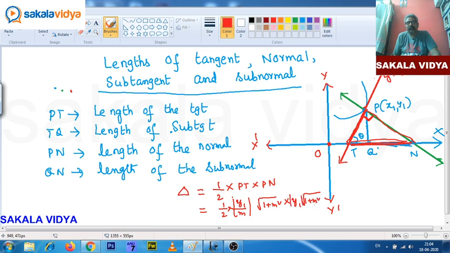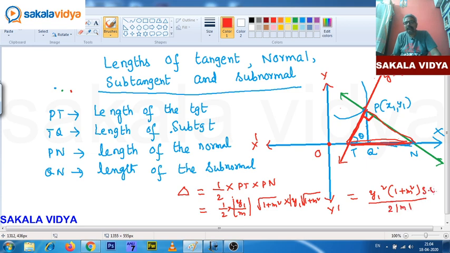So, y1 by m into y1 by m, that is y1 square into 1 plus m square by 2 mod m, square units.